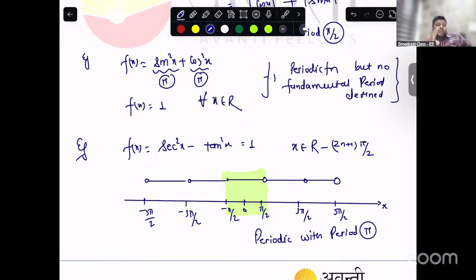The other is periodic, but the fundamental period is not defined, in spite of both being constant functions. Done?